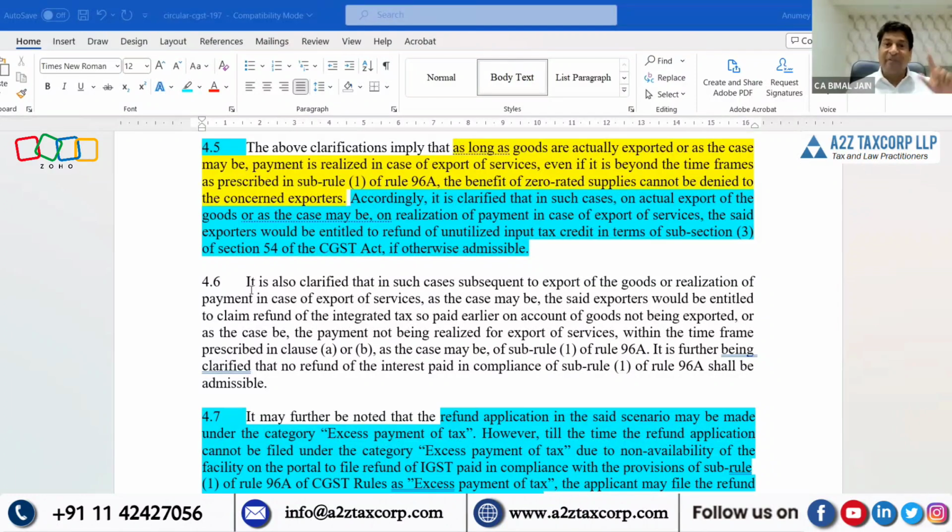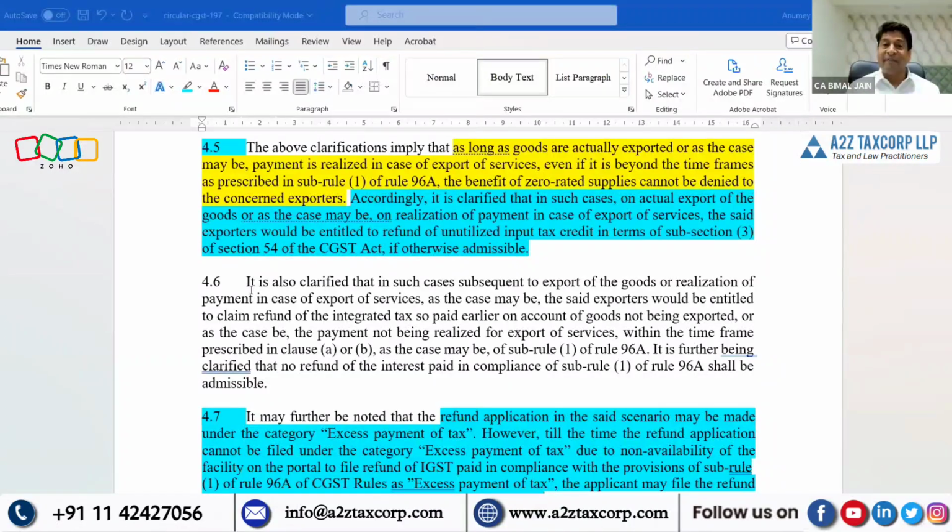It is also clarified in such cases, subsequent to export of goods or realization of payment in case of export of services, as the case may be, said exporter would be entitled to claim refund of IGST so paid earlier on account of goods not being exported, or as the case may be, payment not being realized for export of services within the time frame prescribed.